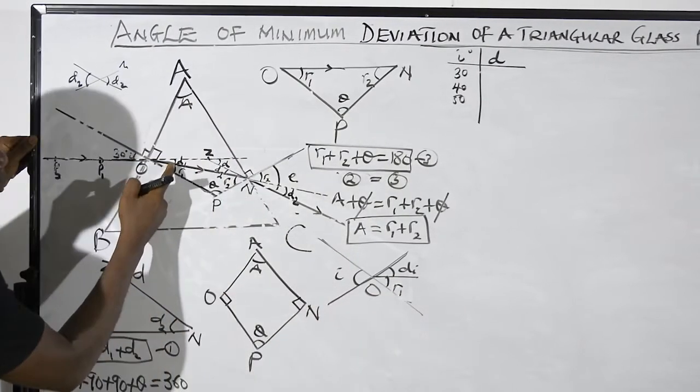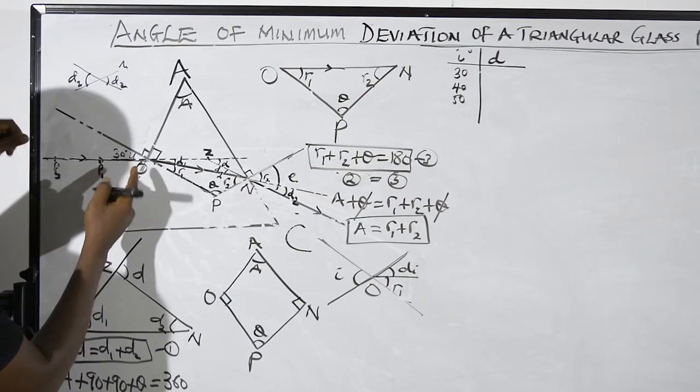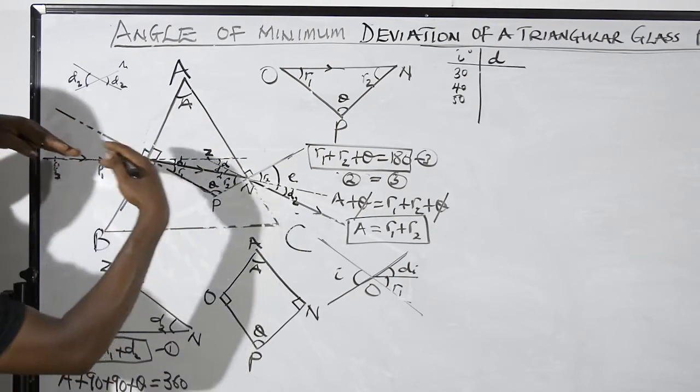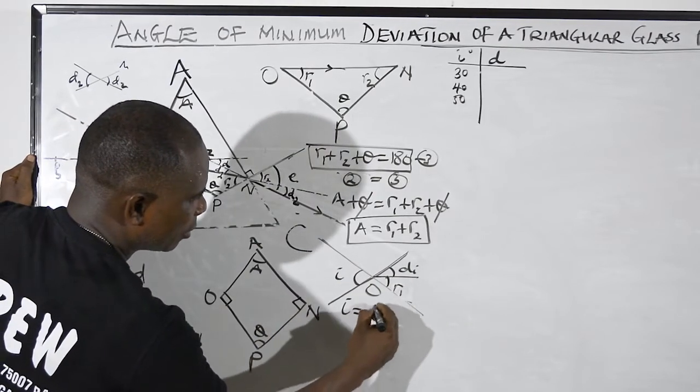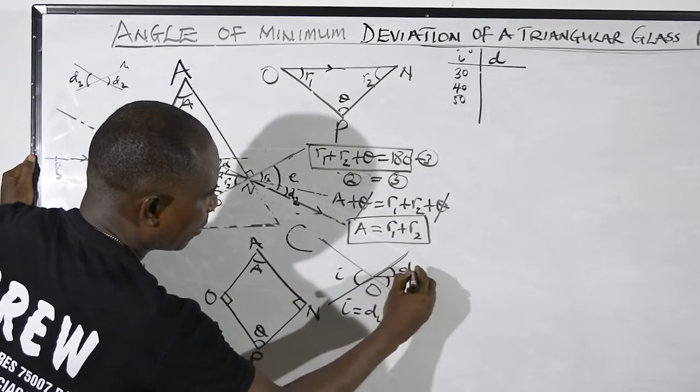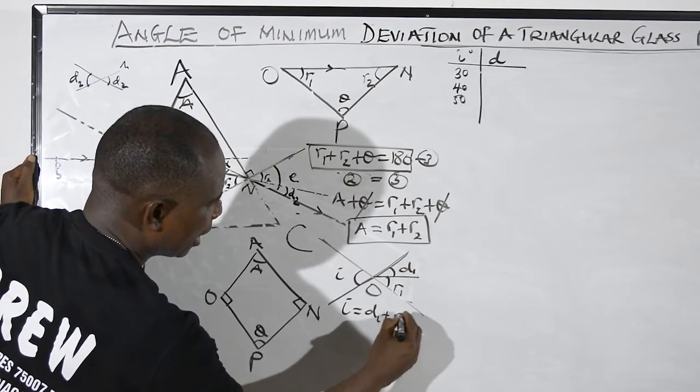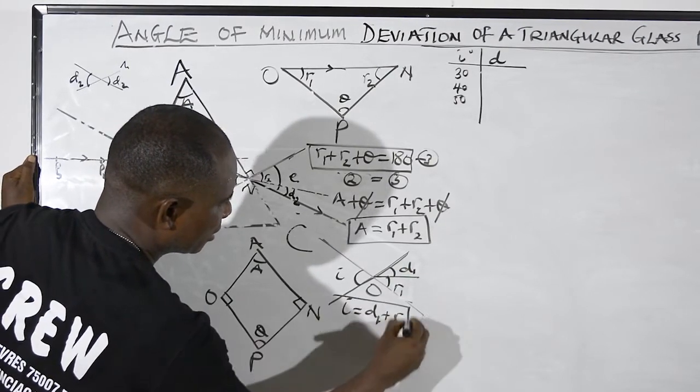That is, these two angles equal this incident angle. That is, the vertically opposite angles are equal. So vertically opposite angle, you can say I is equal to D1 plus R1. So I can keep that equation too.